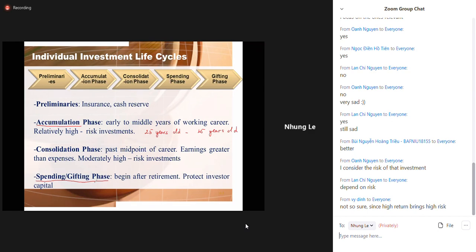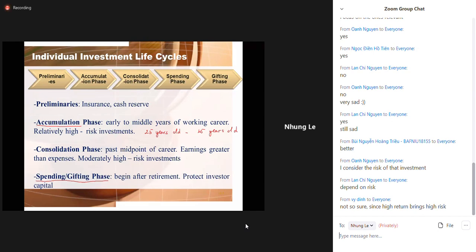You have to educate your clients about the level of risk they should take. For some people, if they can take risky investments but they don't like to, you also need to explain to them that it's okay, they can do that to improve their wealth.